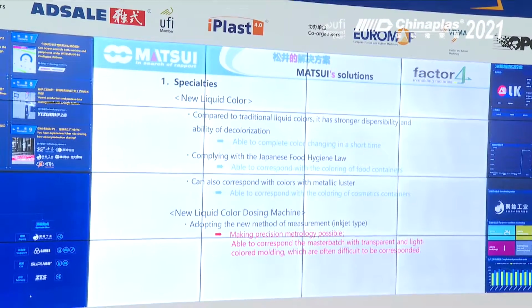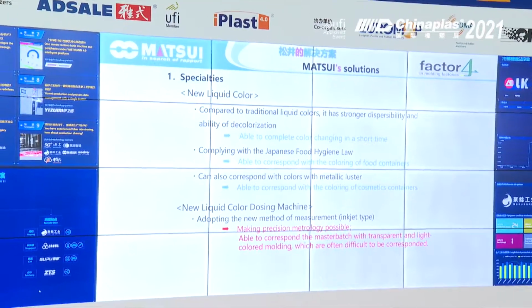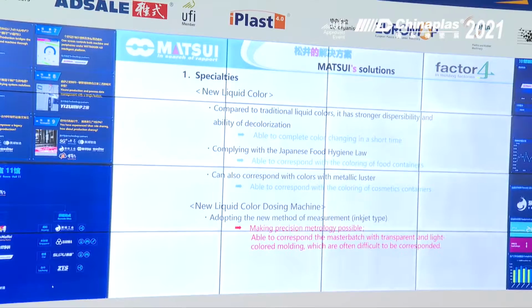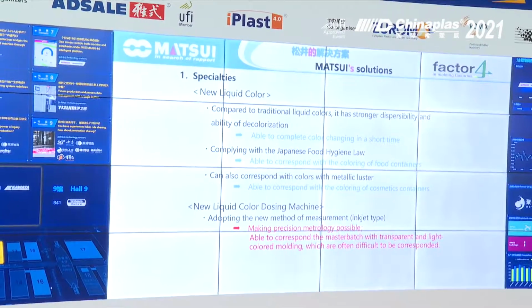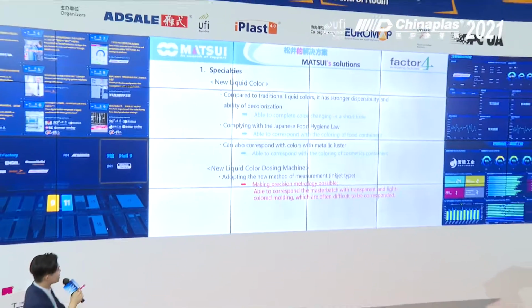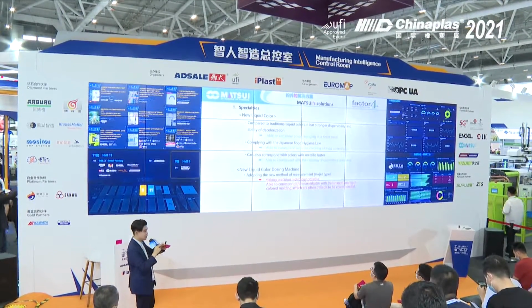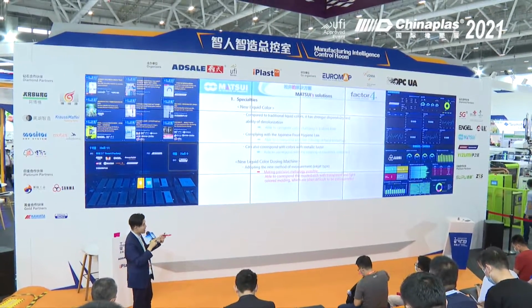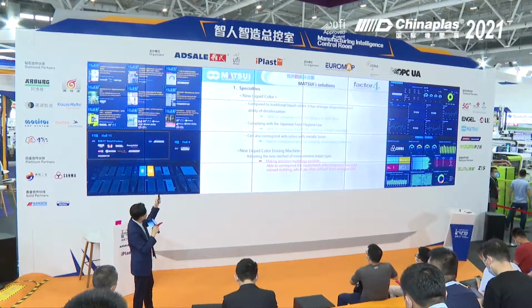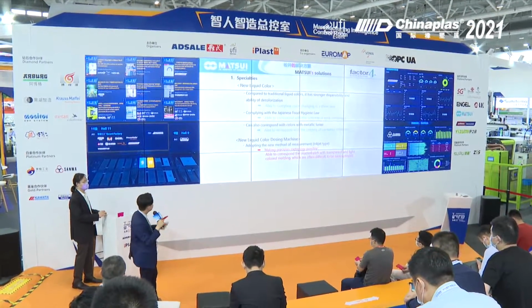Also, this technology complies with the Japanese Food Hygiene Law, so we can use it for food containers. It can also correspond with colors with metallic luster, so it's very smooth when molding the product. These are the three features of the new liquid color.